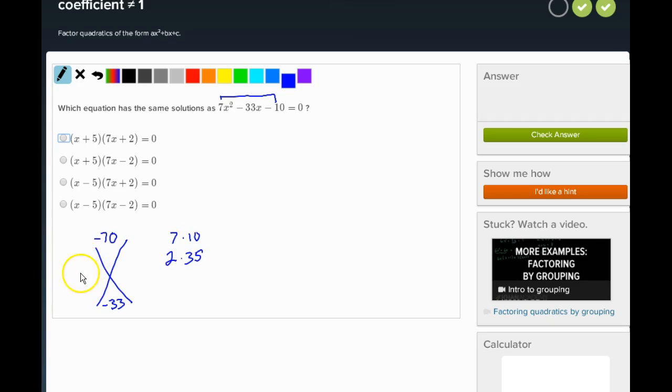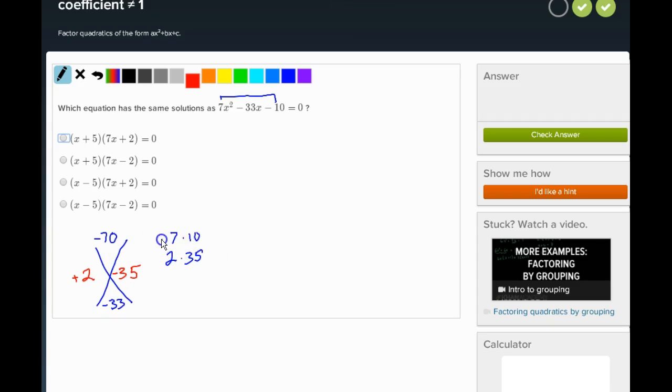So I like just to figure out the numbers, put them in, and then figure out the signs afterwards. So if I need to add these and get a -33, if I do this, I'll have positive 33. 35 minus 2 would be positive 33. So that means I need to move the negative over here. -35 plus 2 is -33, and 2 times -35 is -70.